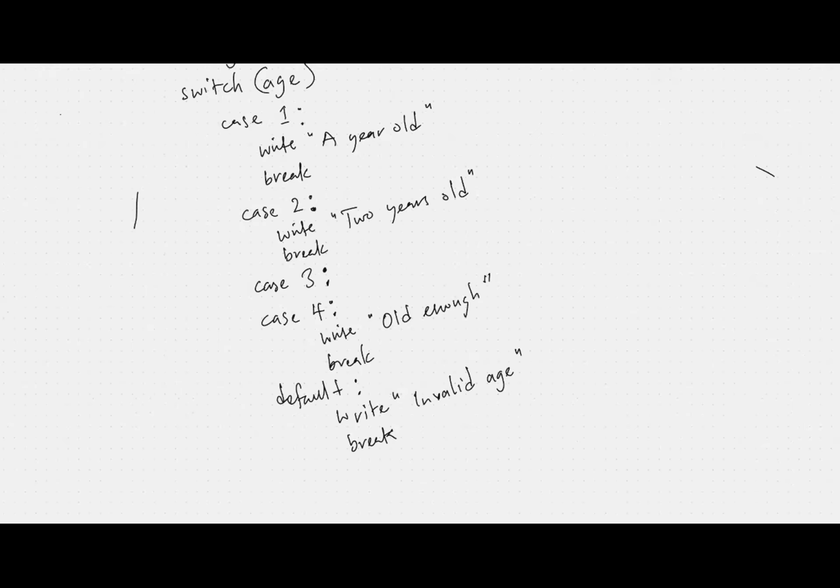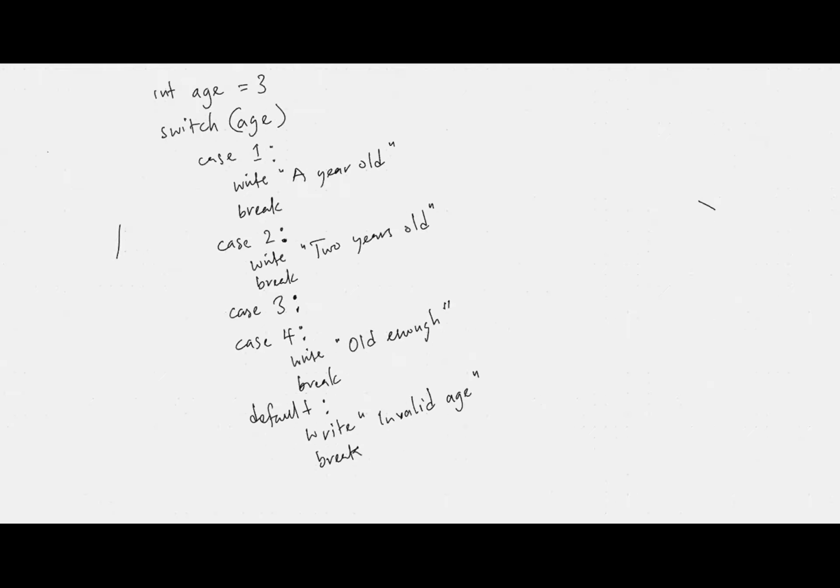Yes, sir. Okay, so let's examine the program a little bit. So you can see that we have variable called age, and then age is equal to 3. So because age is equal to 3, we are checking it against the various cases. Now notice that between 3 and 4, there is nothing in between them, okay?